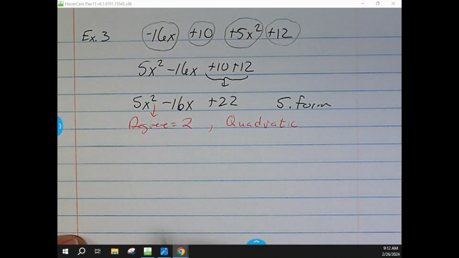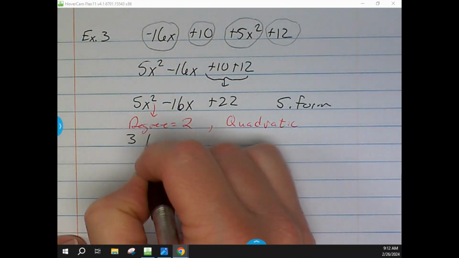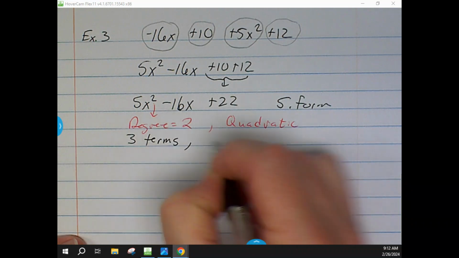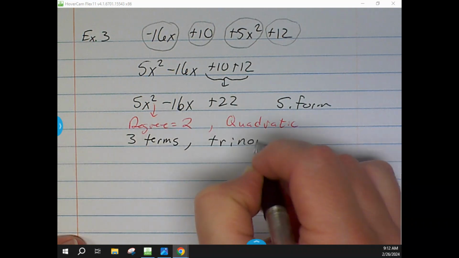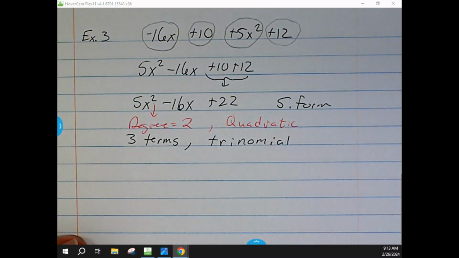And if we name it by terms, we've got 1, 2, 3 terms, which means it could be a trinomial. Okay, so that's it. As far as trick questions, that's the only thing you really would look at.